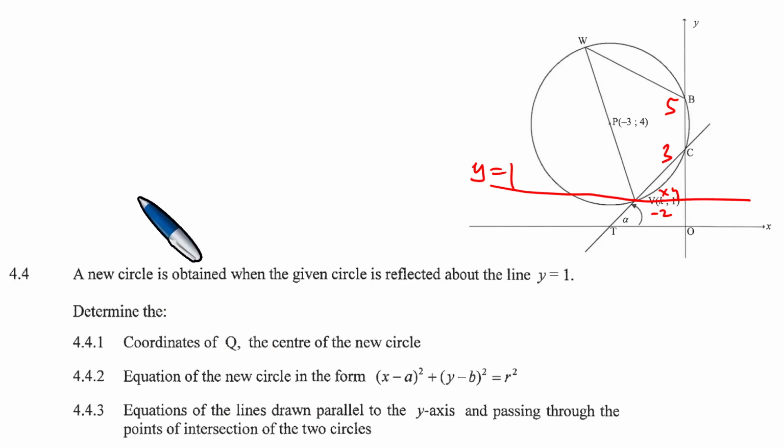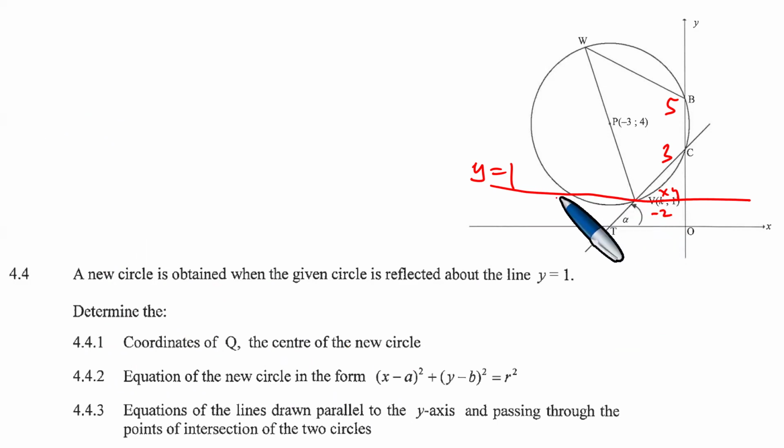Right, so if y equals 1, then we are able to find the coordinates of, question 4.4.1: determine the coordinates of Q, the center of the new circle. Let's look at this one. y equals 1 is this line here.